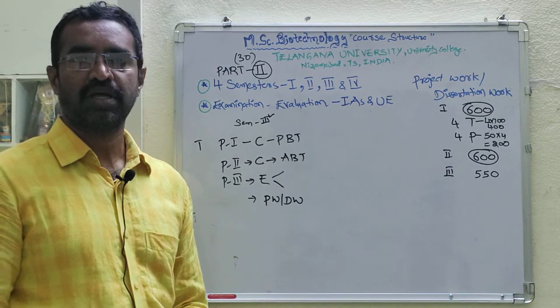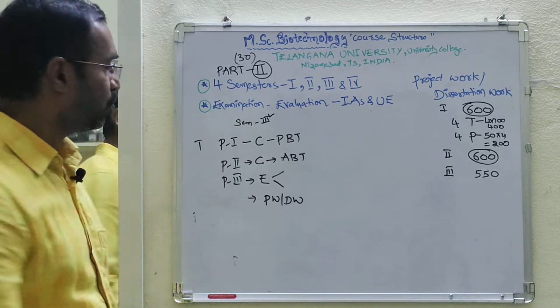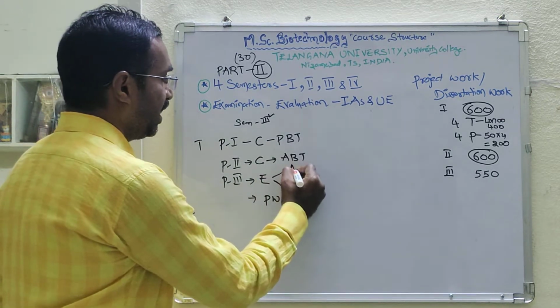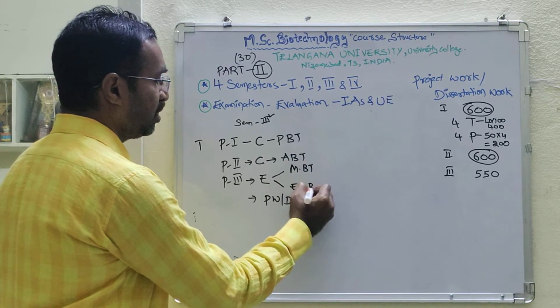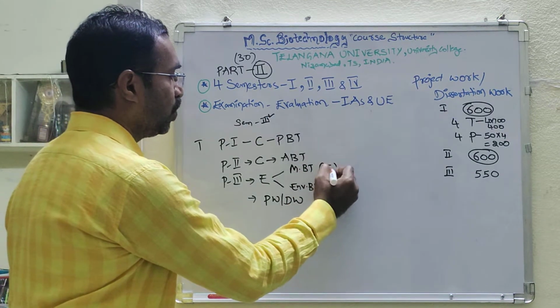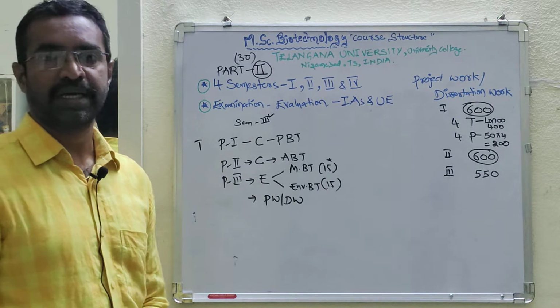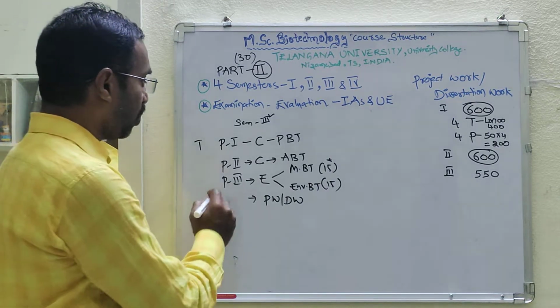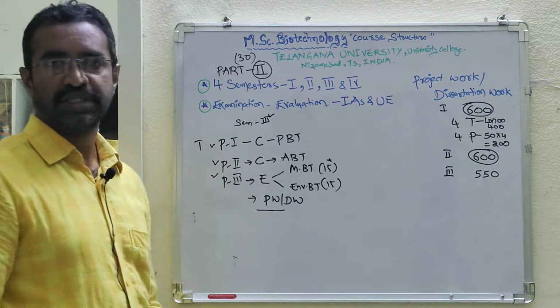Based upon merit, students are given the chance to opt for medical biotechnology or environmental biotechnology. The first 15 meritorious students choose the first, and the next 15 choose environmental biotechnology. So altogether 3 theory papers and the project dissertation.